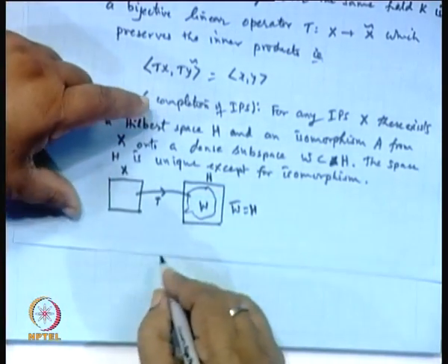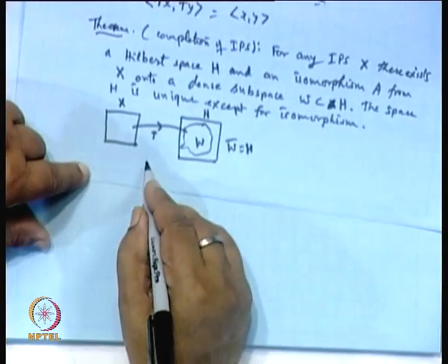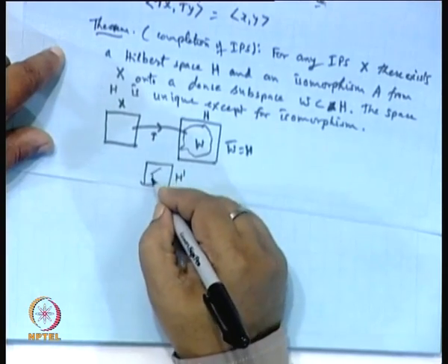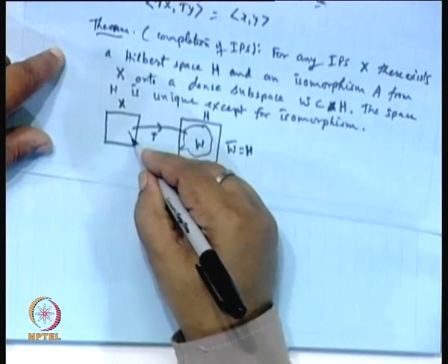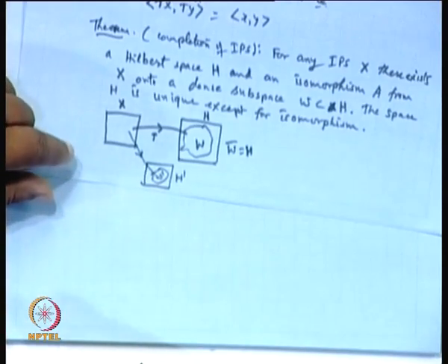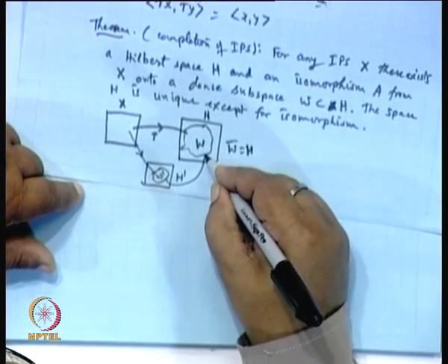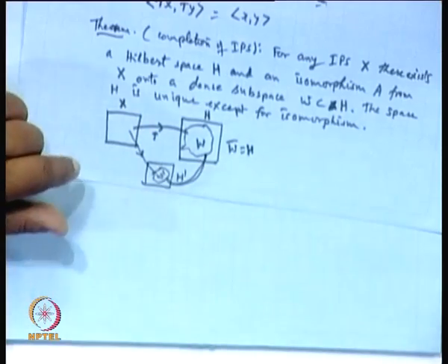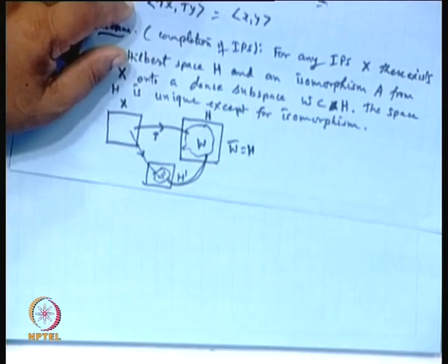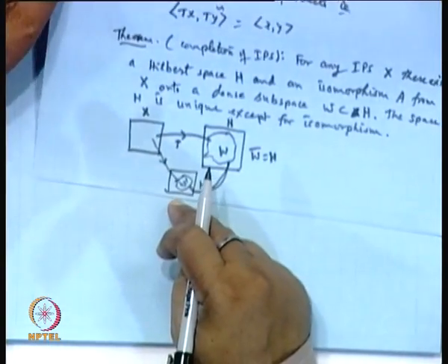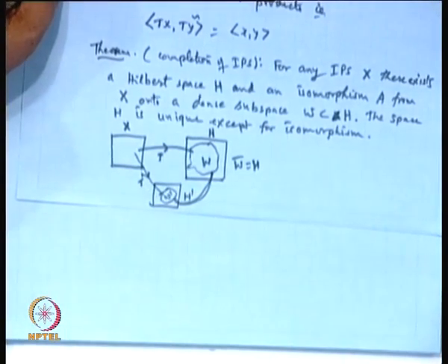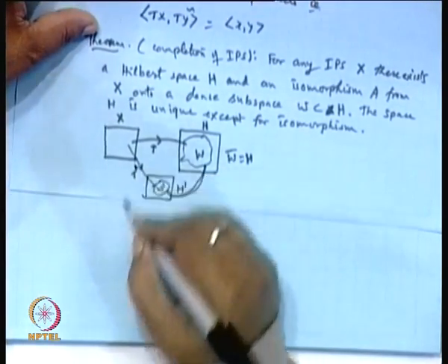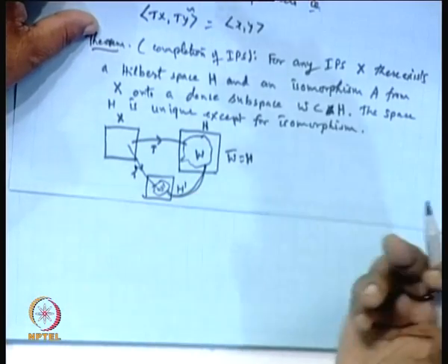Suppose another H dash is obtained, which has the same property, say W dash, and an isomorphism between them is also there. Then W and W dash are isomorphic. So there is no separate T dash. Clear? So this is uniqueness except for this isomorphism.